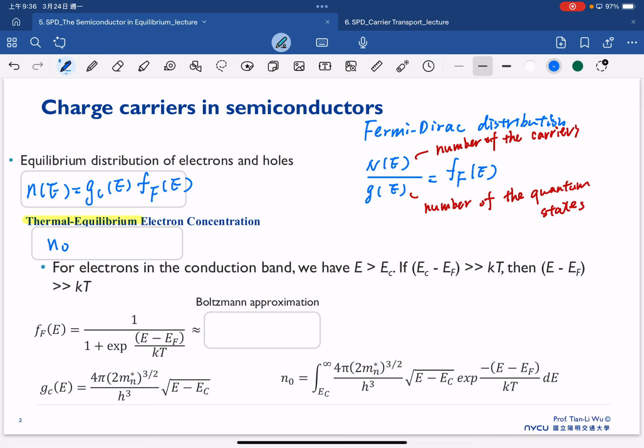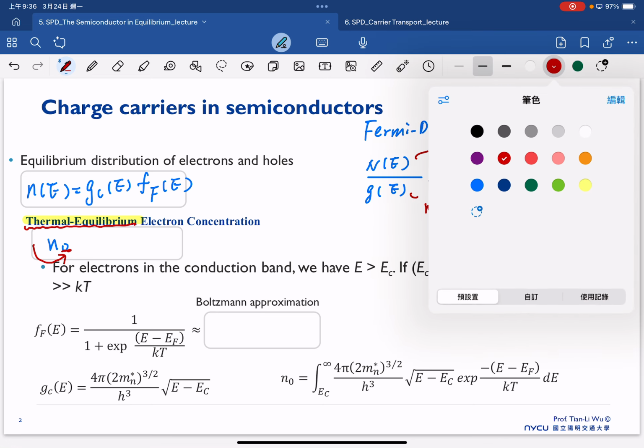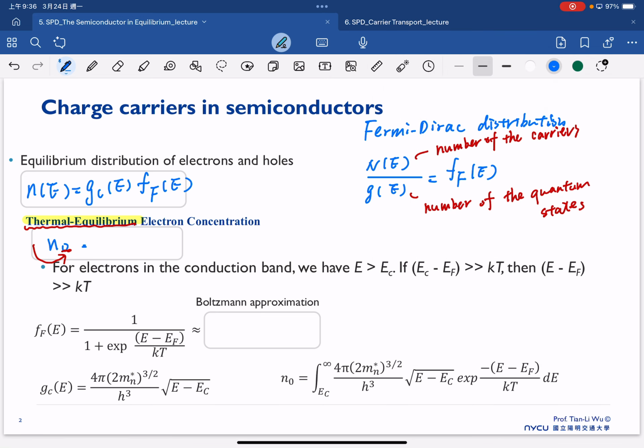So the n_0 here suggests this is under the case of thermal equilibrium, and it is equal to the integration of g_c(E) times f_F(E) over different energy levels.